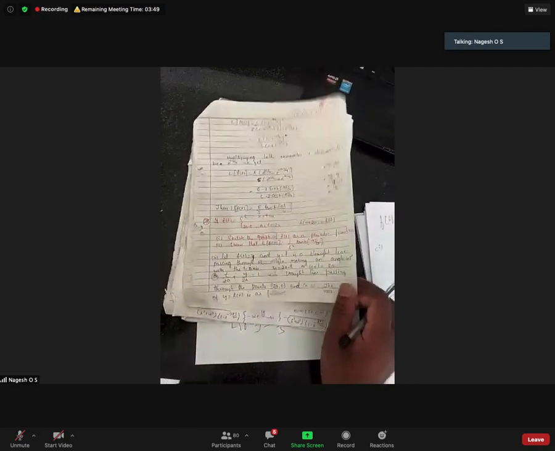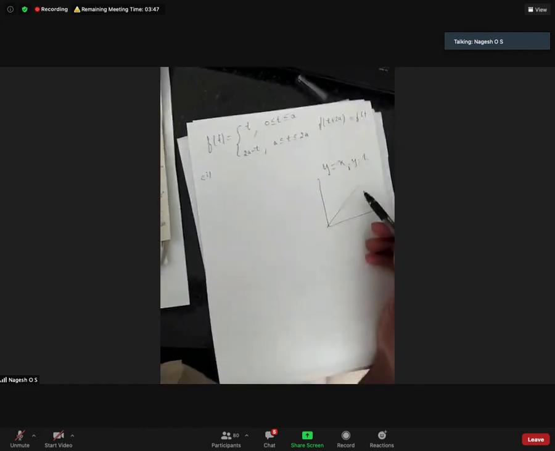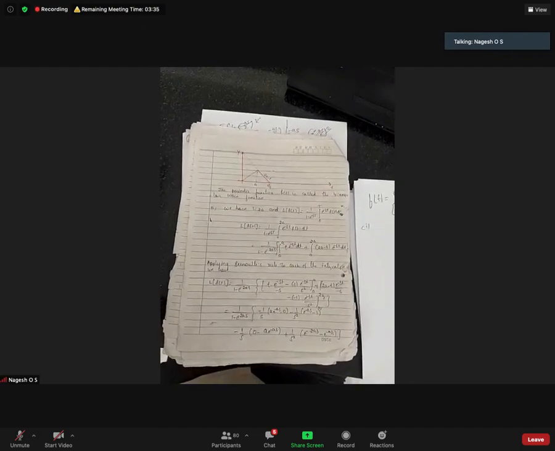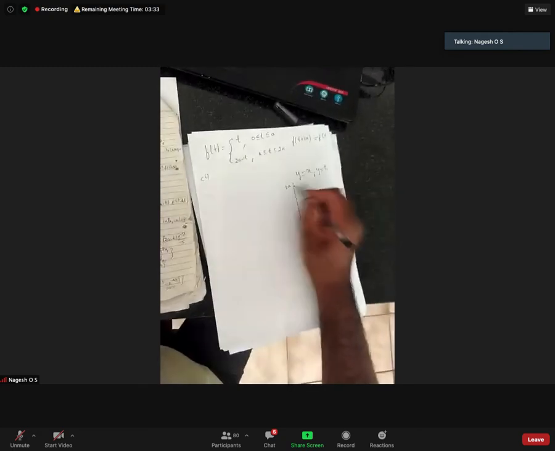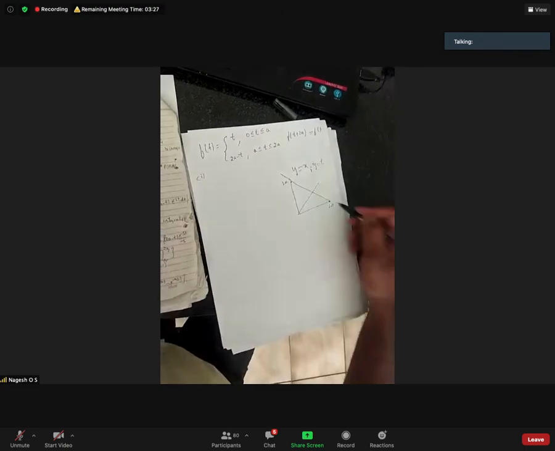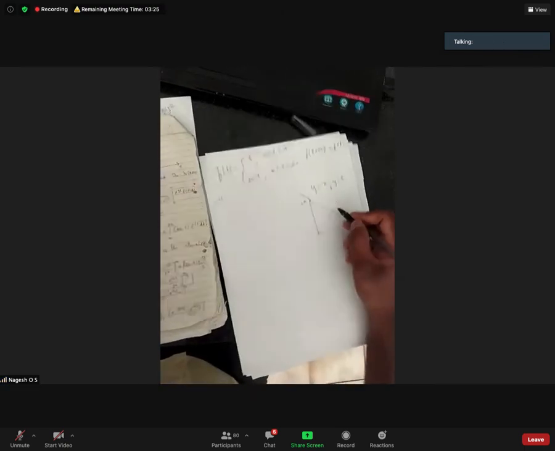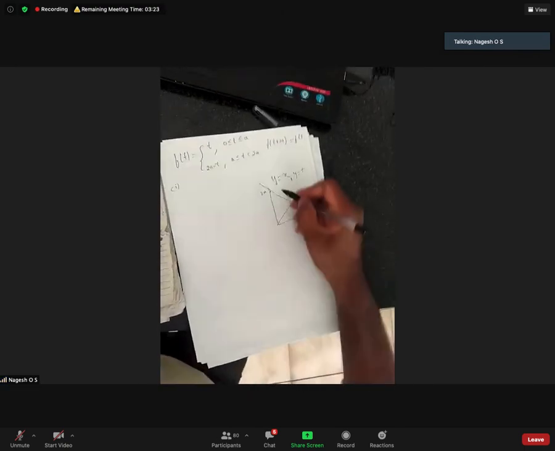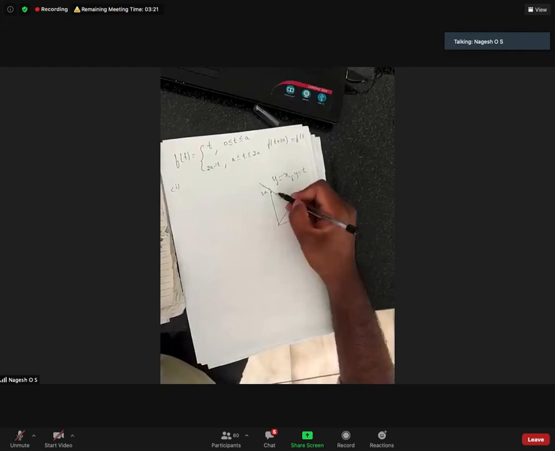So this is one graph, y equals t. Another graph will be like this. If this is 2a, then this is the line. This is y equals 2a minus t.